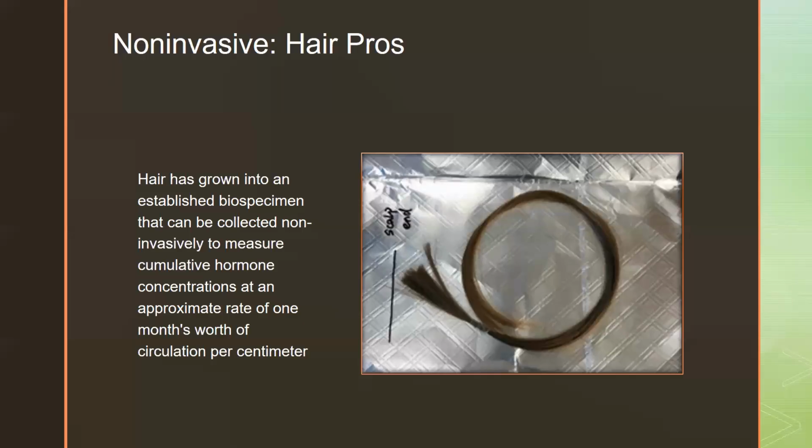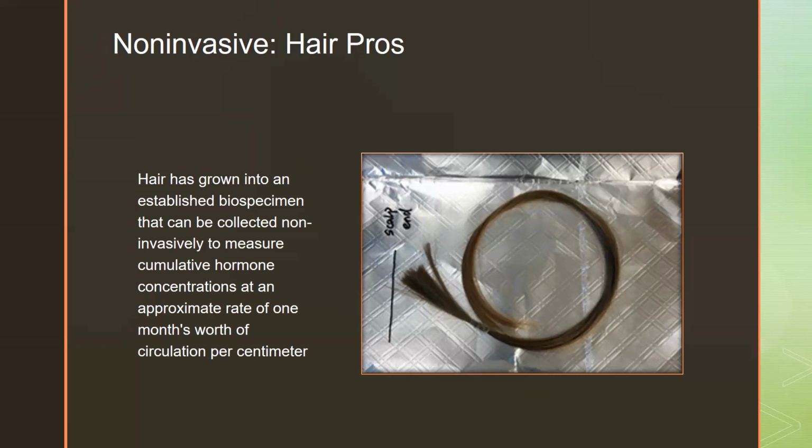The next non-invasive hormone that we're going to look at is hair. So hair has grown into an established biospecimen that can be collected non-intrusively to measure cumulative hormone concentrations. And this is approximately at a rate of one month's worth of time per centimeter.